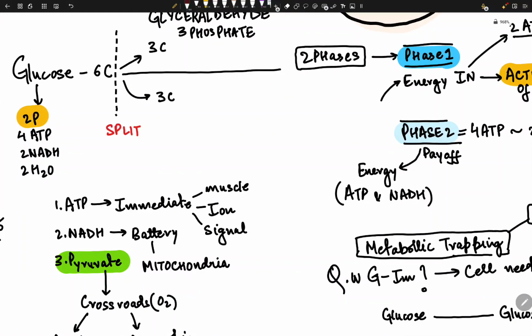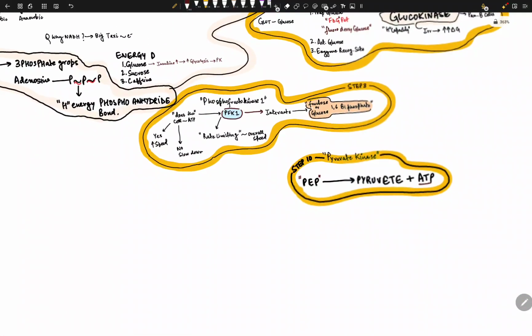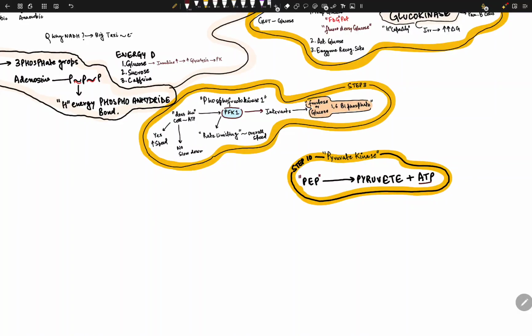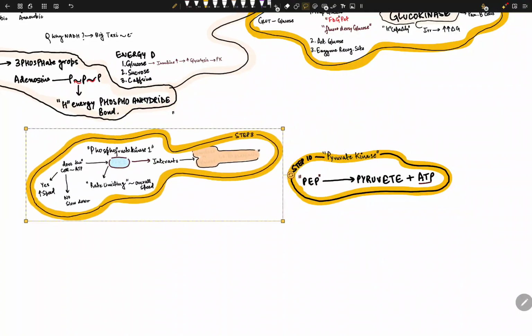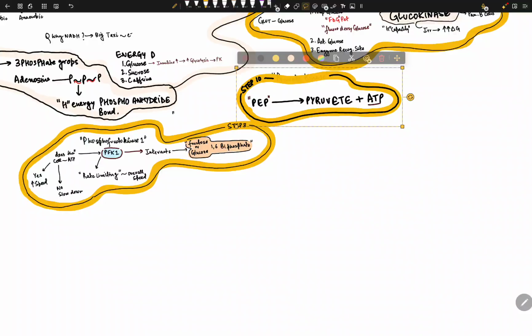We have a 6-carbon glucose that splits into 3C, that's pyruvate. We know that from pyruvate we get 4 ATP, 2 NADH, right? So I'll answer everything, and we'll actually see it happening in front of our eyes. Most of the time I can see it happening in front of my eyes, and that's how I like it. So these steps are irreversible, the yellow steps.